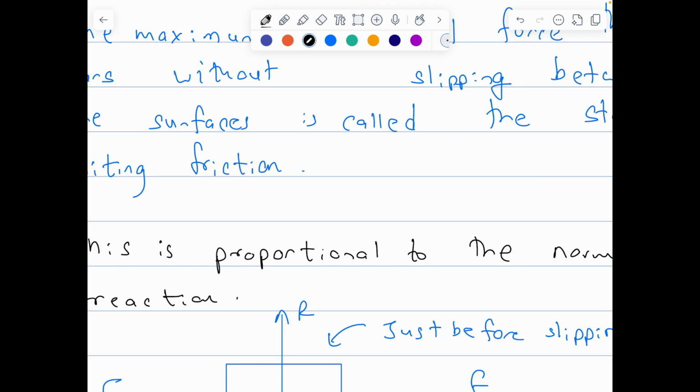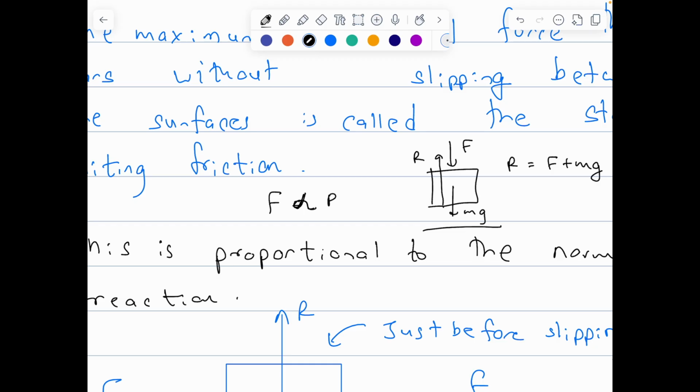Think of an occasion where I apply force F downwards, and now I have the weight downwards as well, but there's the reaction upwards as well. But now the reaction is equal to what? The downward force that you applied plus the weight, which means, more accurately, the maximum value of static friction is proportional to the reaction, not the weight.